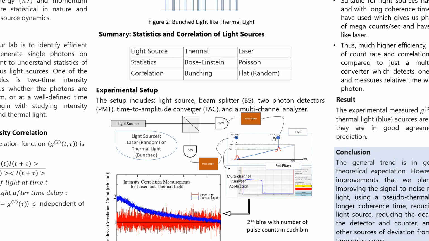The maximum output of our time to amplitude converter is 10 volts, shown over here. And from the current settings, this 10 volts corresponds to 50 nanoseconds on the time axis. And this 50 nanoseconds corresponds to the time delay tau. So when input 1 first receives a signal, the voltage starts increasing in a linear fashion.